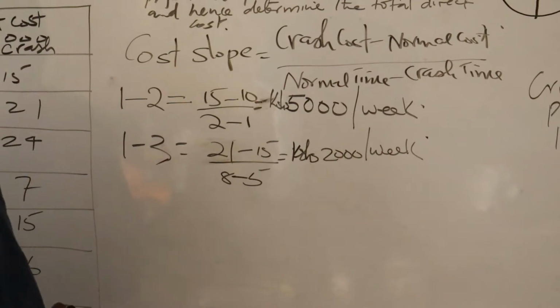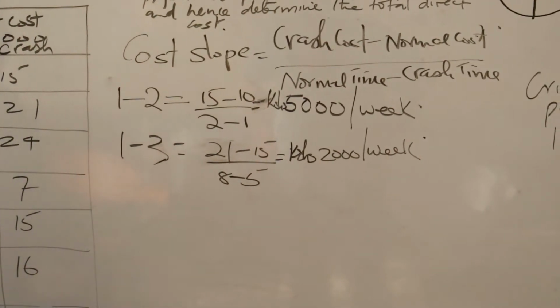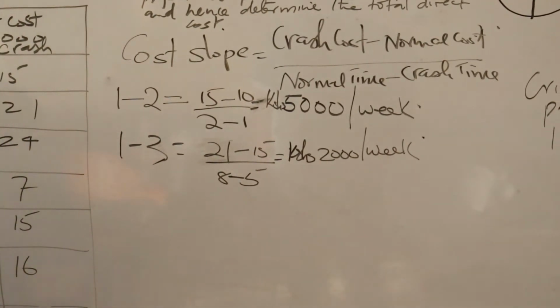That is the cost slope for activity 1 to 3.